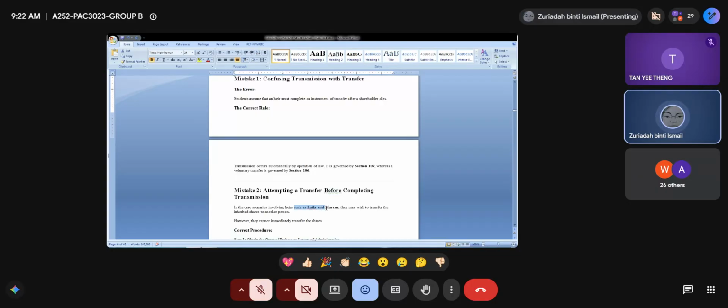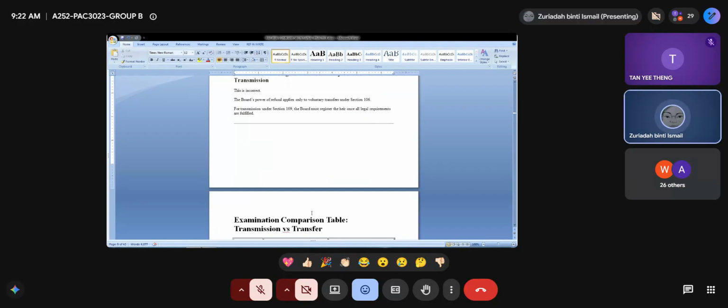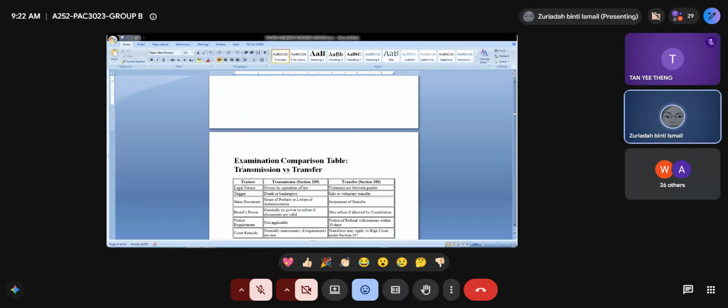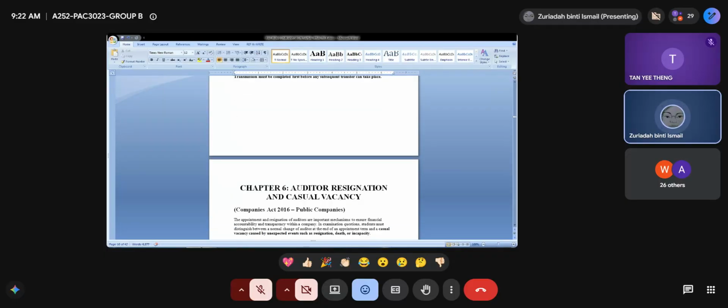You can refer to the existing case study. And the third is the board rejecting a valid transmission. This is incorrect. So I put a comparison table between transmission and transfer. This is the tip, what you should remember.